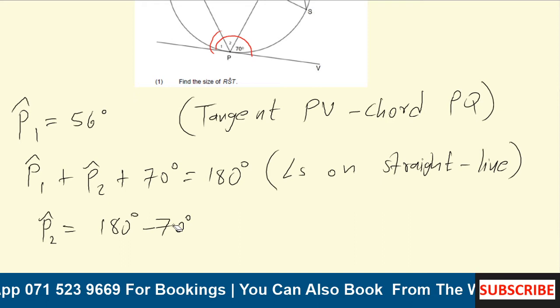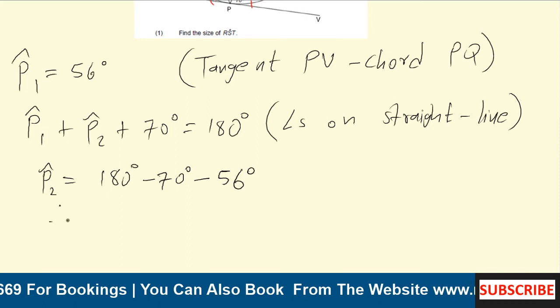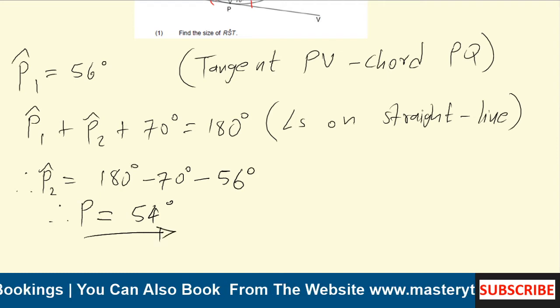P1 I've already found to be 56 degrees, so I'm going to put 56 there. This gives me P2 equals 54 degrees. Degrees, not degrees Celsius, just degrees.